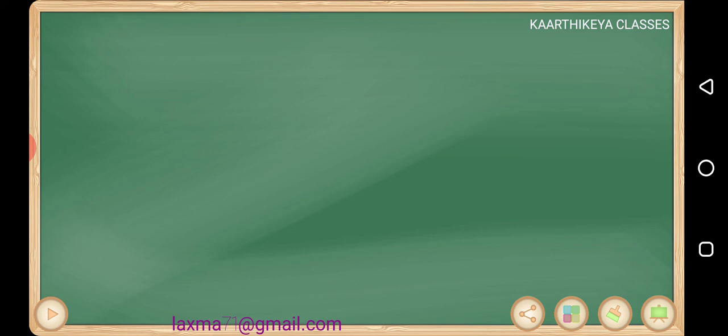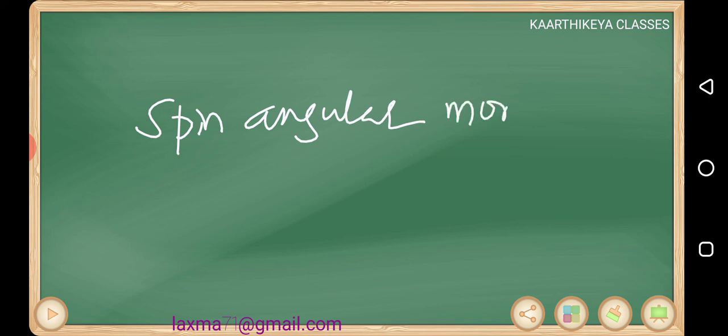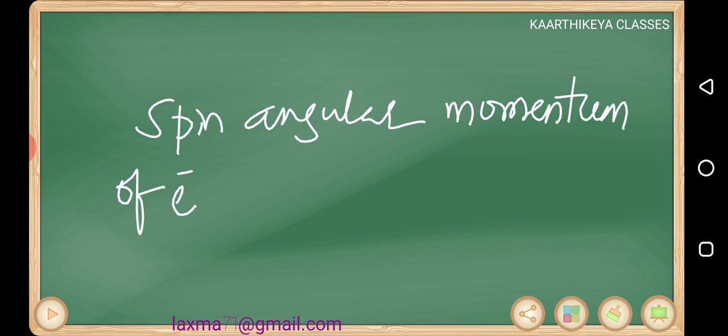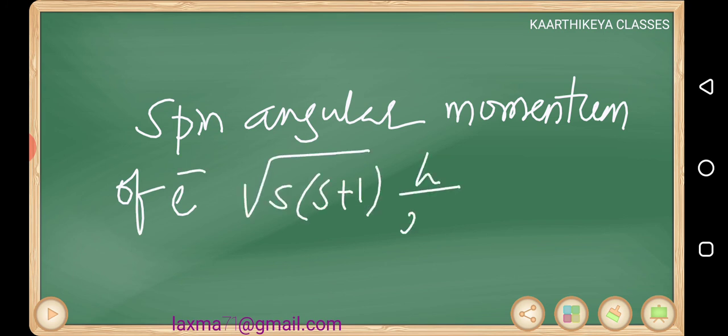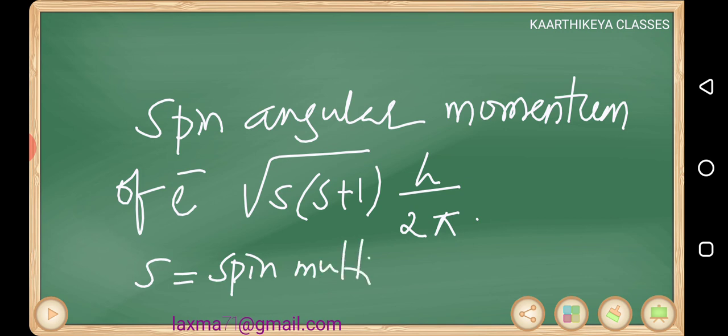The spin angular momentum of an electron is given by the square root of s(s+1) h/2π, where s is total spin.